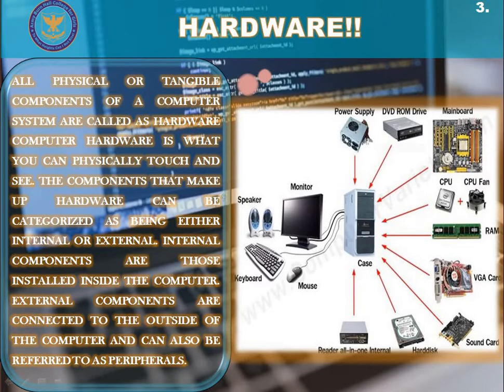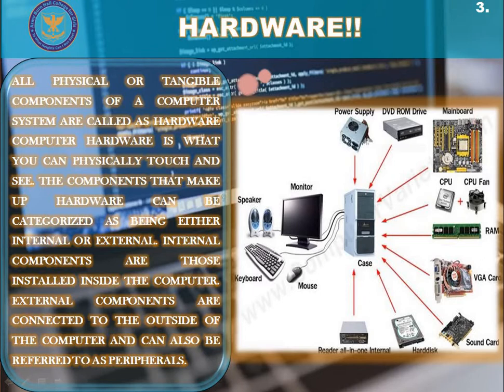So first of all, you need to know what hardware is. As you can see in this diagram in front of your eyes, a monitor, a speaker, a power supply unit, a hard drive, a CD-ROM, a RAM chip, a VGA card, video graphics card, a sound card, a mouse, a keyboard, a speaker.